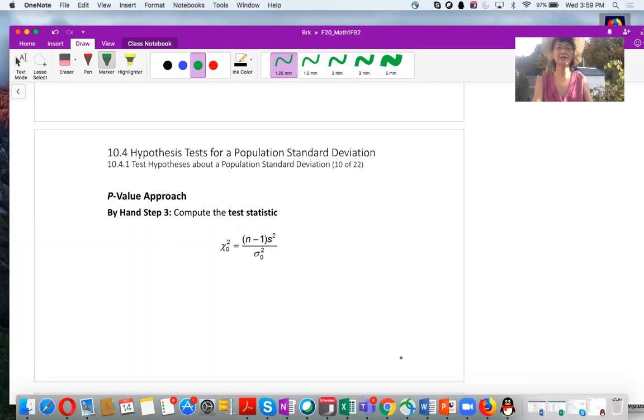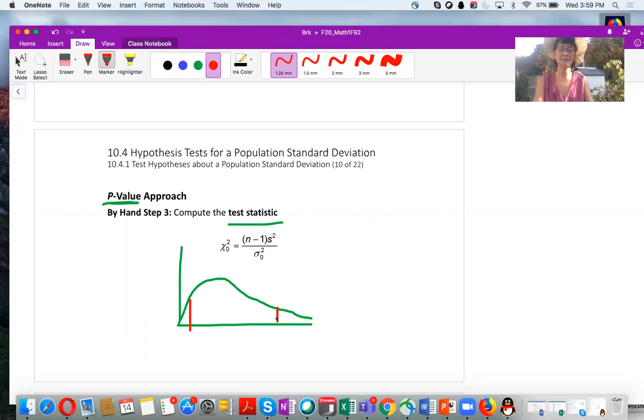We introduced the classical approach, now the p-value approach. When you did step 3, you calculated the test statistic. Once you have this test statistic, you find the p-value. What is the p-value? The p-value is the area corresponding to the test statistic. Suppose this is a chi-square distribution, and suppose this is a two-tailed test, so you have one tail, another tail.